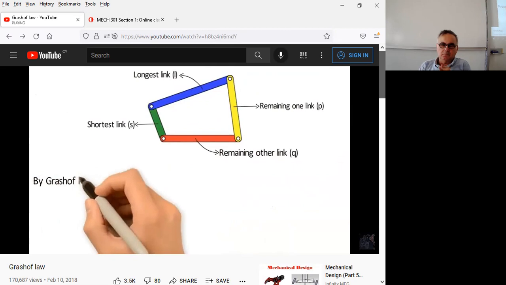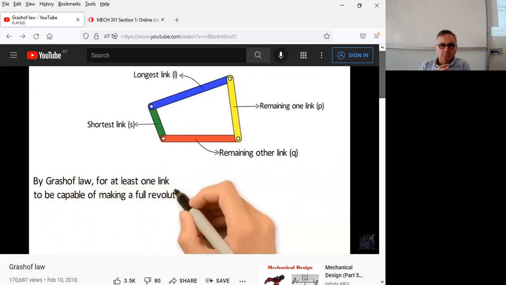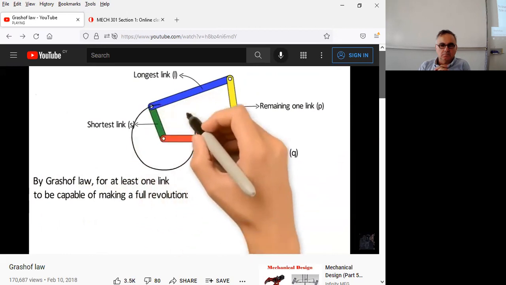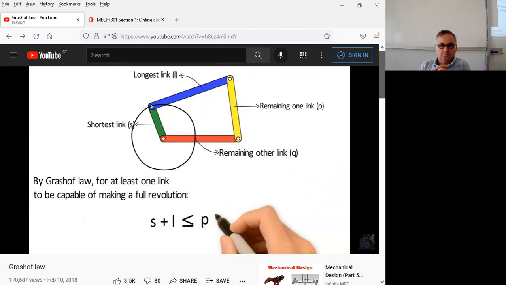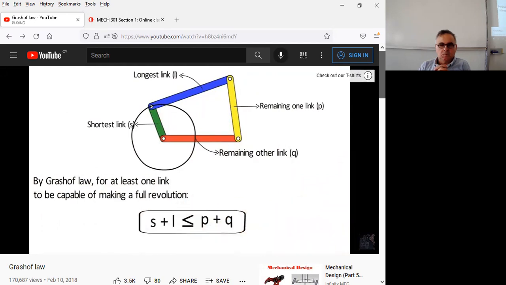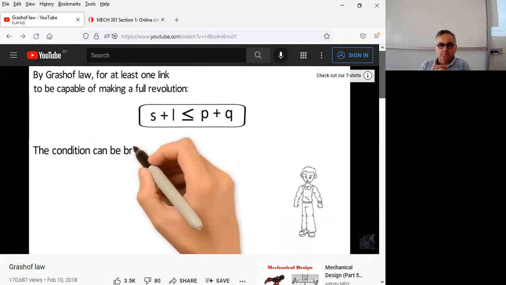By Grashof law, for at least one link to be capable of making a full revolution, the sum of the lengths of the smallest link S and the largest link L is less than or equal to the sum of the lengths of the other two links, that is P and Q. Got it. The condition can be broken in two parts.